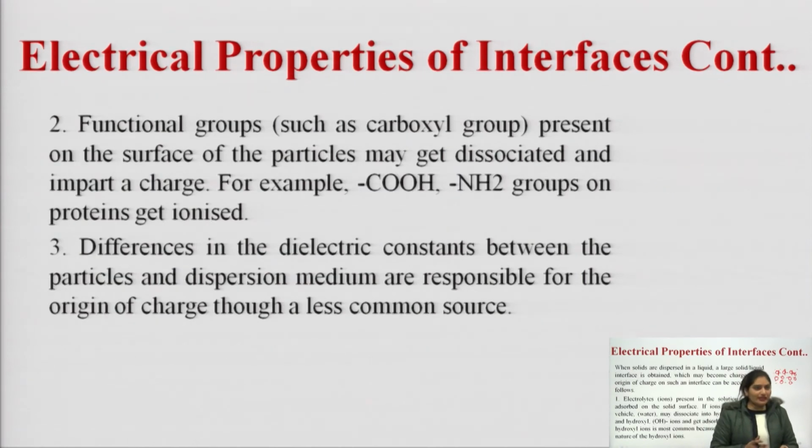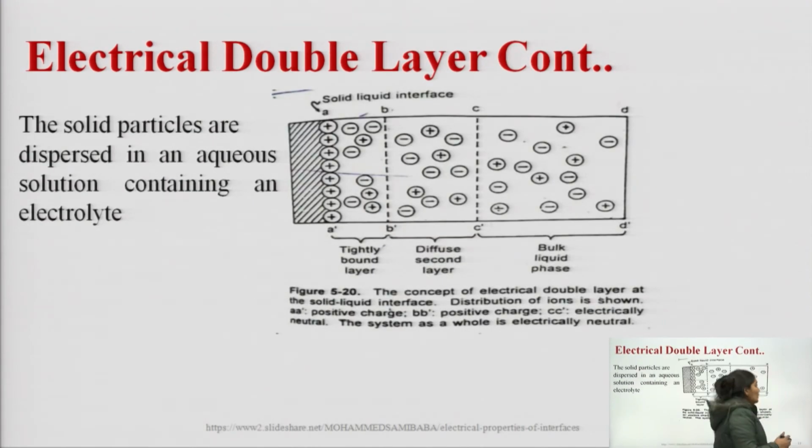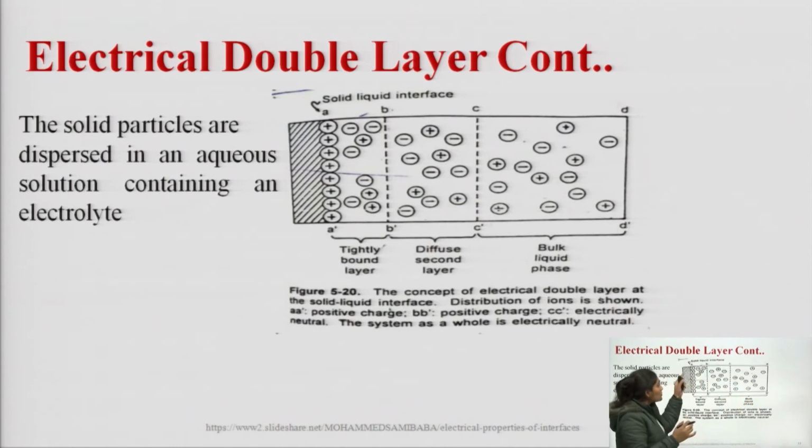As shown in this diagram, when solids are dispersed into the liquid, there can be presence of certain electrolytes, and these electrolytes can be adsorbed on the interface. On AA dash there is accumulation, or adsorption, of cations, that is, on the solid liquid interface.